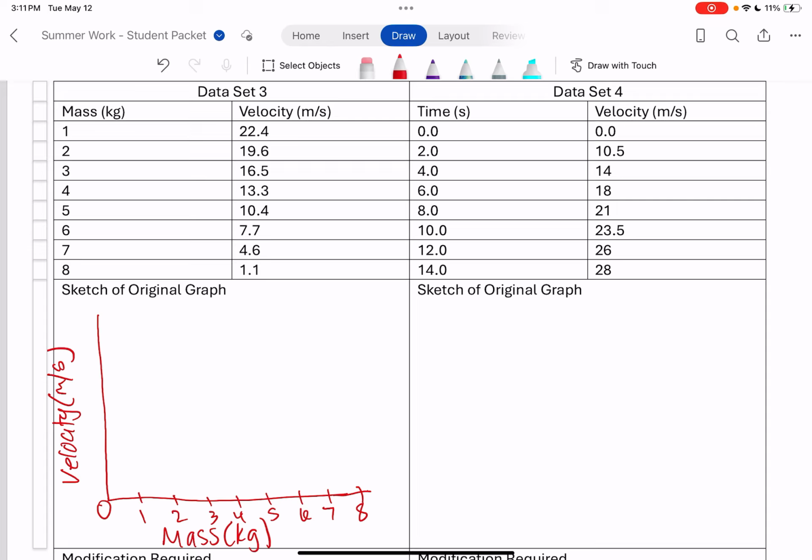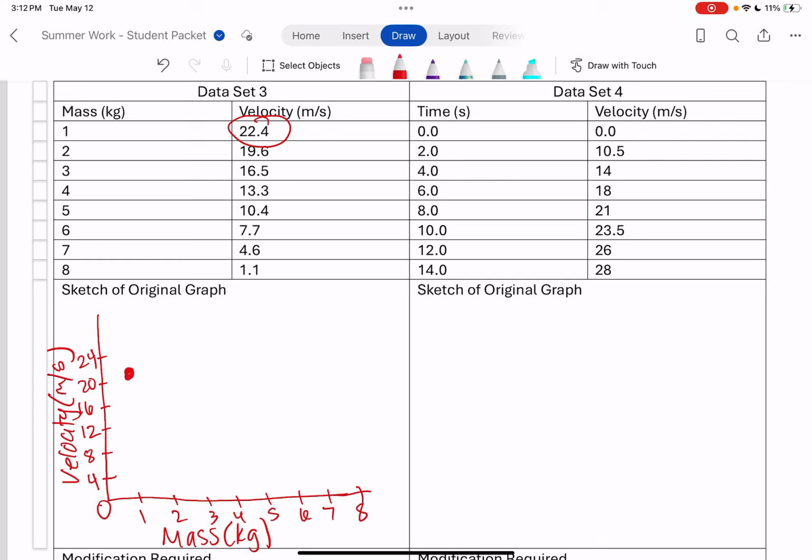And my biggest velocity looks like 22.4, so I'm going to do by 4s. 4, 8. You could go up by 5s. I just like 4s when we're dealing with lots of even numbers. I feel like it's easier to find. 16, 20, 24.